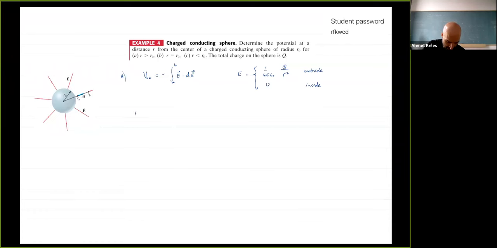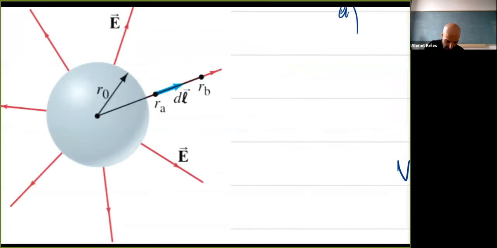And now we can calculate VBA is equal to minus the integral from some A to some B. Let's put in this E, thinking of outside: 1 over 4 pi epsilon naught Q over r squared. And for dl, I'm thinking of a radial vector, so the electric field and this dl are in the same direction.